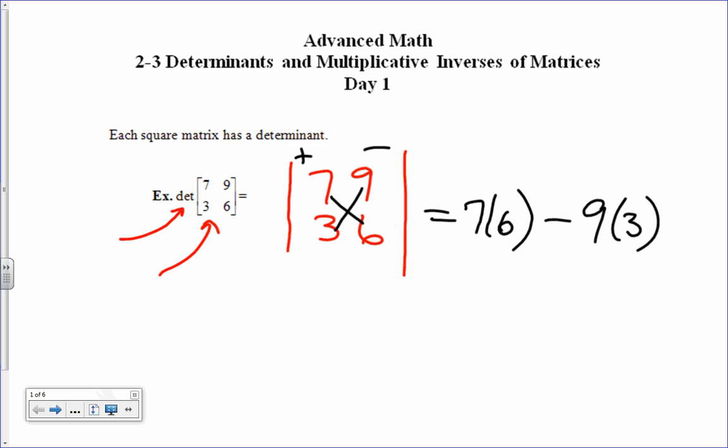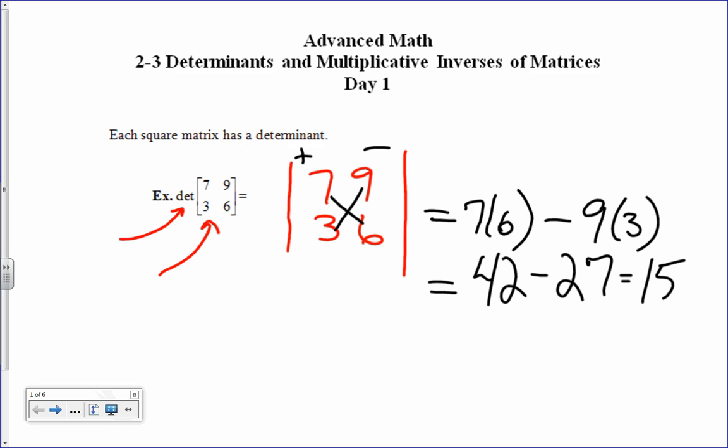But you have to subtract whatever you get in that particular diagonal. Okay. So in this case, the determinant is the number we end up with in the solution. So in this case, we've got 42 minus 27. So what is the number that we actually end up with? 15? So this has a determinant of 15.